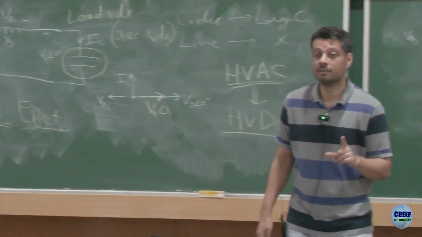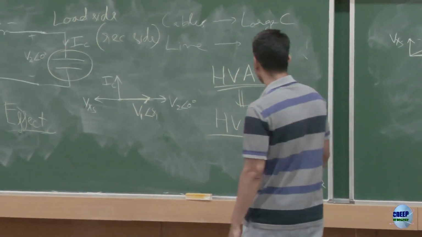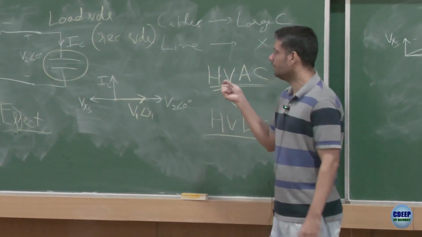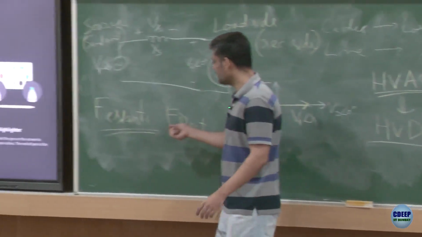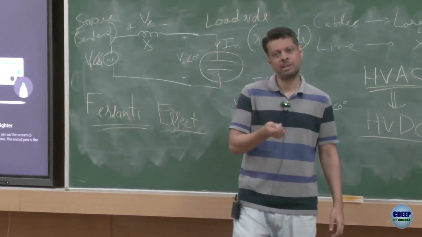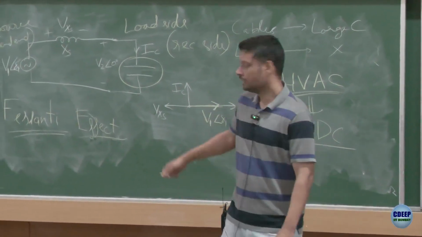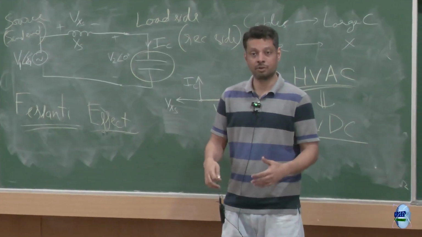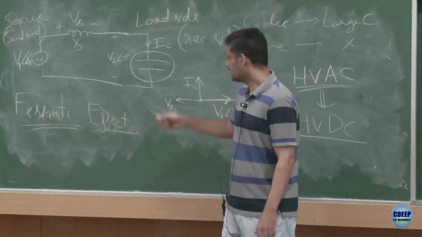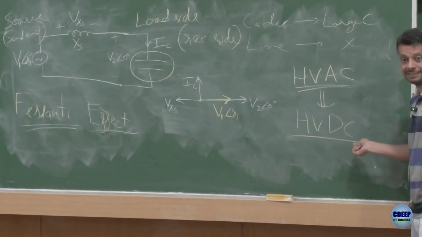Ferranti effect and so on. Why we move to HVDC is predominantly loading of the line and maybe partially the Ferranti effect. The Ferranti effect will kick in if you have light load condition, but even if you don't have light load, at full load also this capacitor is loading the line, and that's the primary reason we move to HVDC.